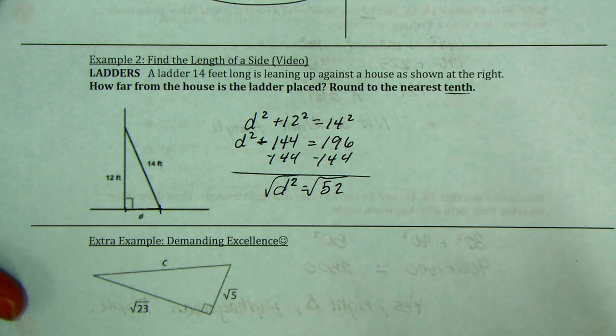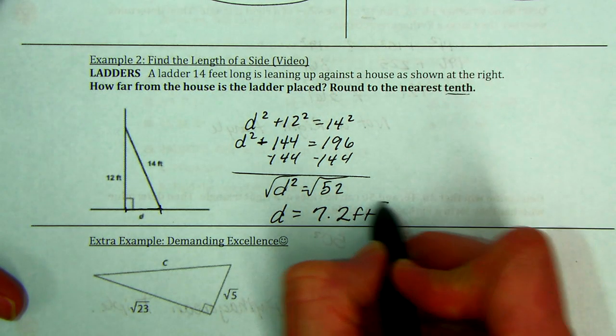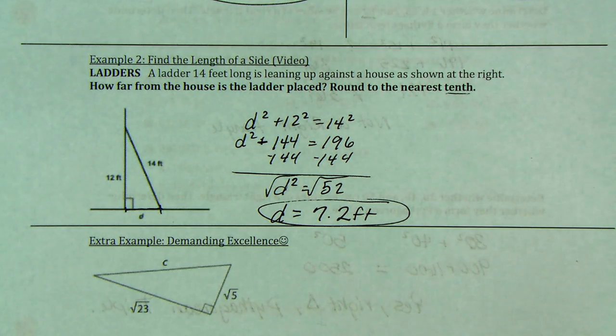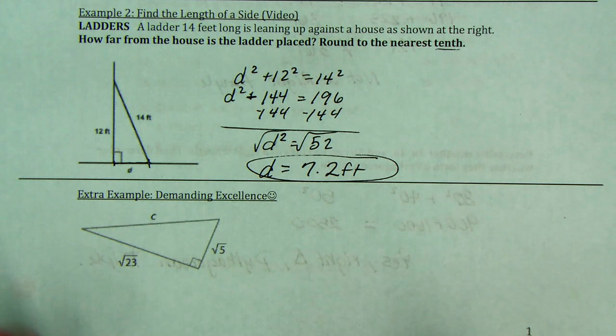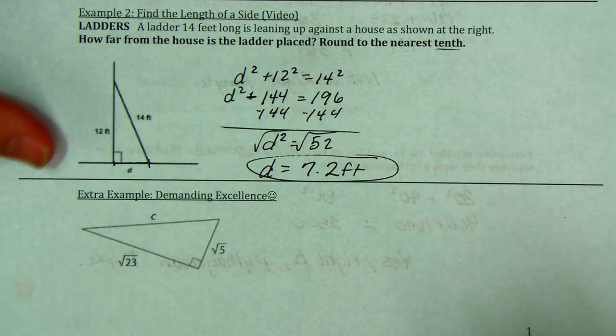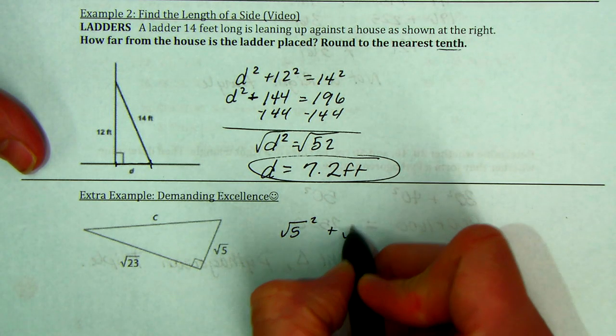Now, what if they give us radicals? Extra example just because I think you can handle it, because we've been dealing with these radicals. Take a look at this. What if our legs that they give us have radicals in them? So a and b, square root of 5 squared plus square root of 23 squared equals c squared. Well, that kind of undoes it.